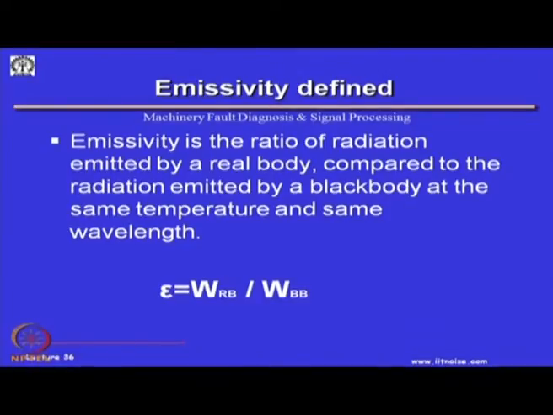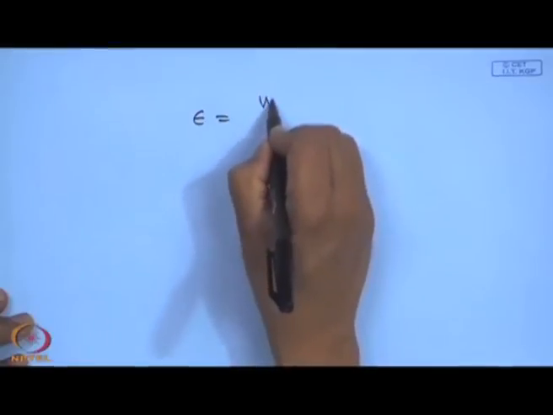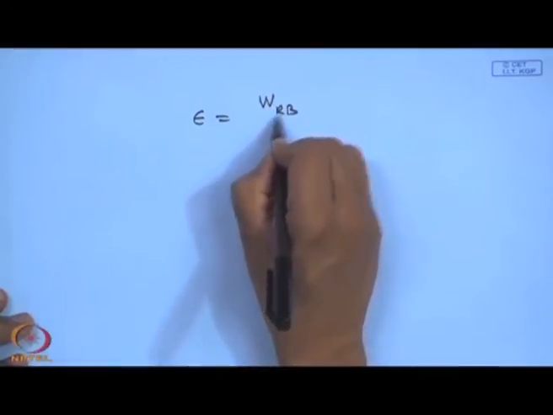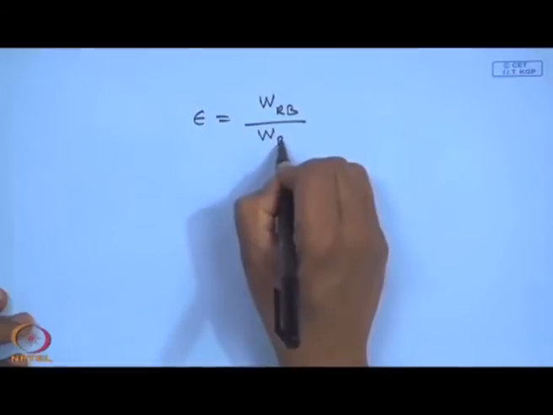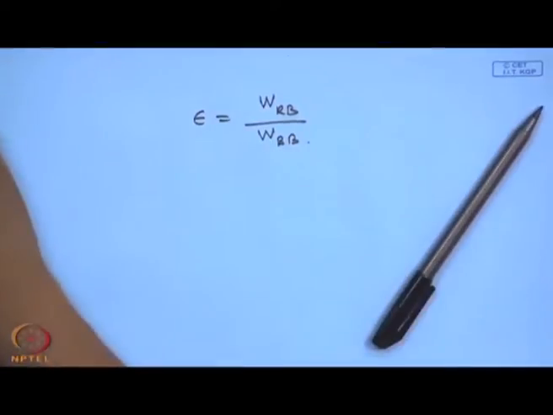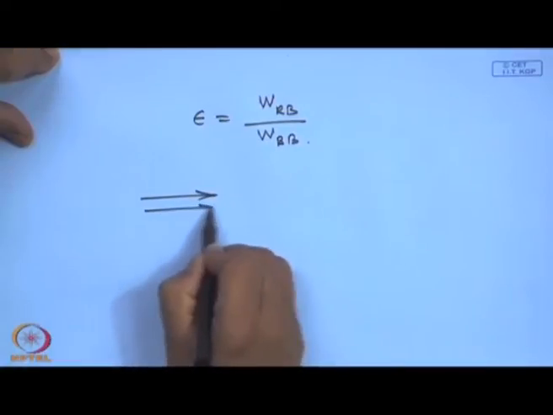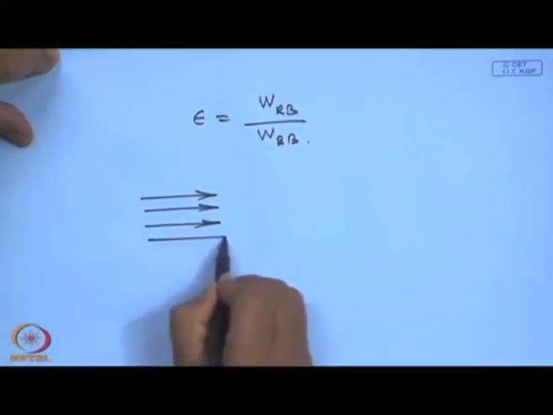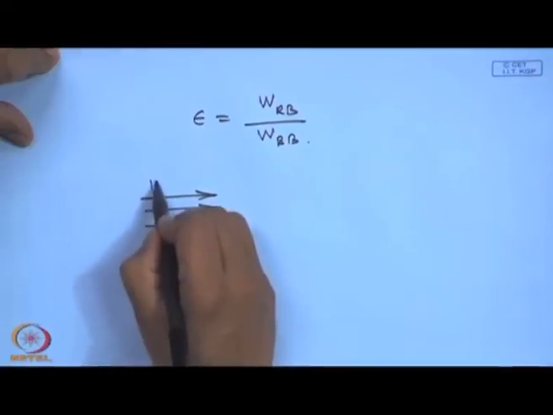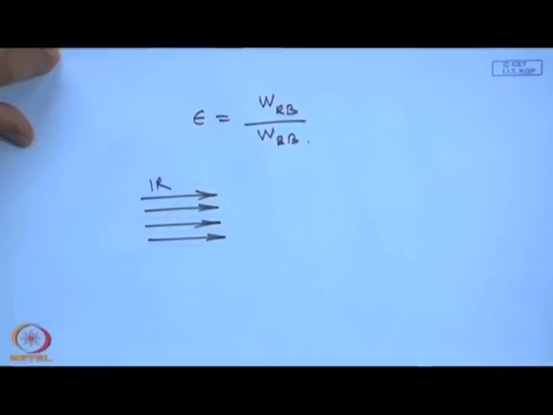Okay. Real body, black body. Now, sometimes these IR cameras, before I go into this, let me tell you what these IR cameras actually are. So, now I know that some IR waves are incident. So, what can I have?